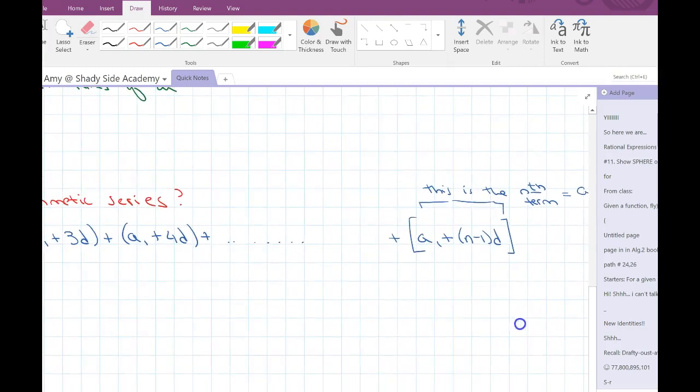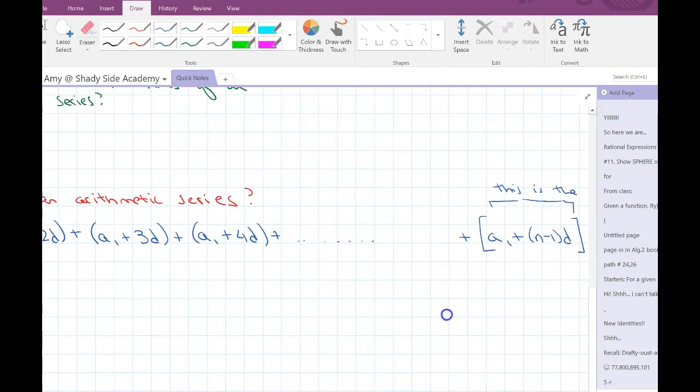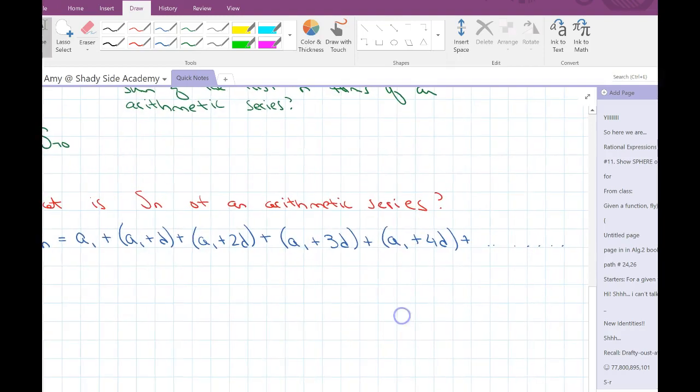Well, let's see. I want you to work backwards now. So see how if we head this way, watch my little arrow, it goes a sub 1 plus 0d plus 1d plus 2d plus 3d plus 4d. If I head this way, boys and girls, it goes 4d plus 3d plus 2d.